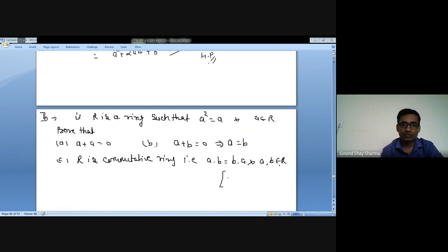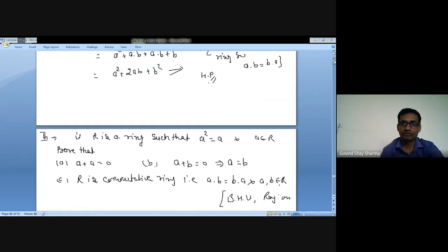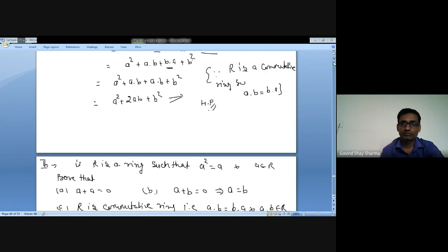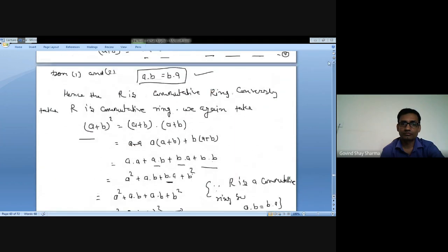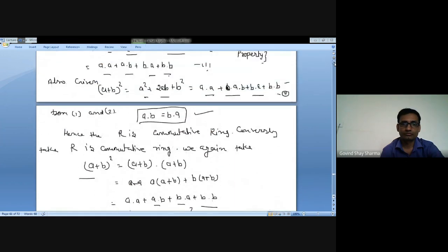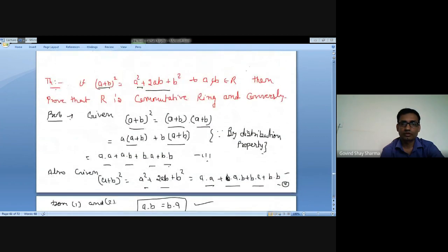This is the question asked in BHU at R level. This is the last one, and this is also like the previous one. Already this question has been asked many times.